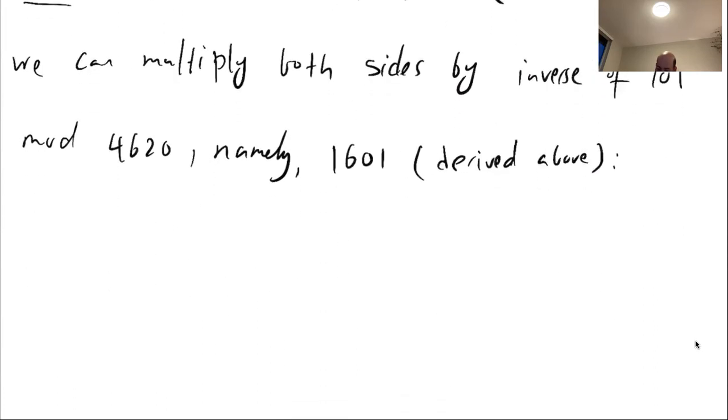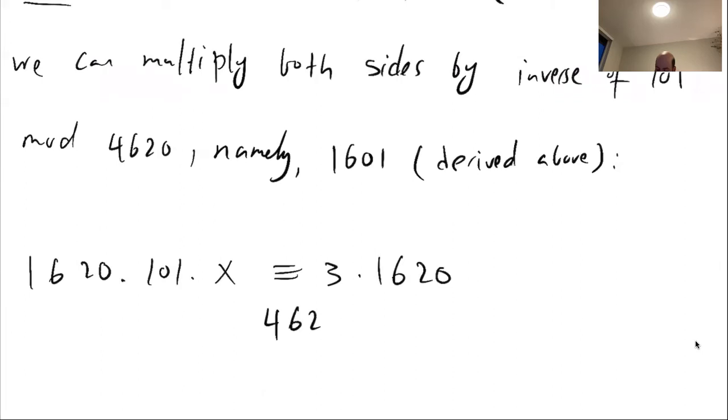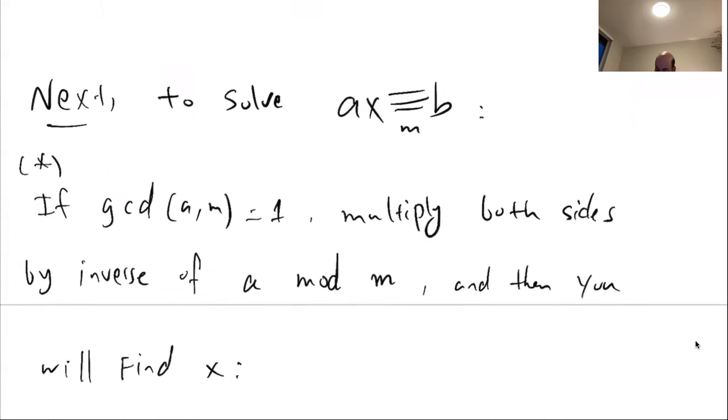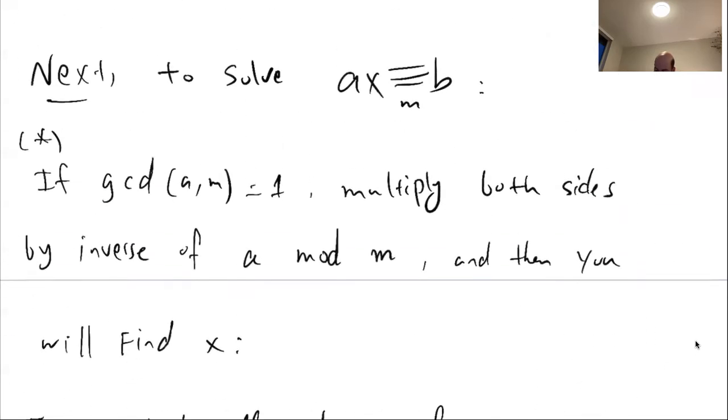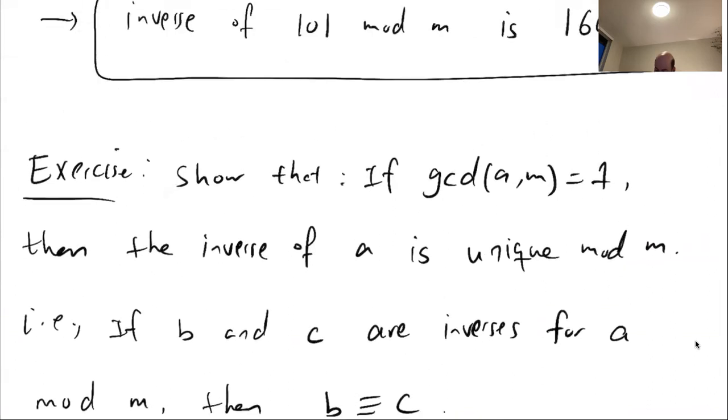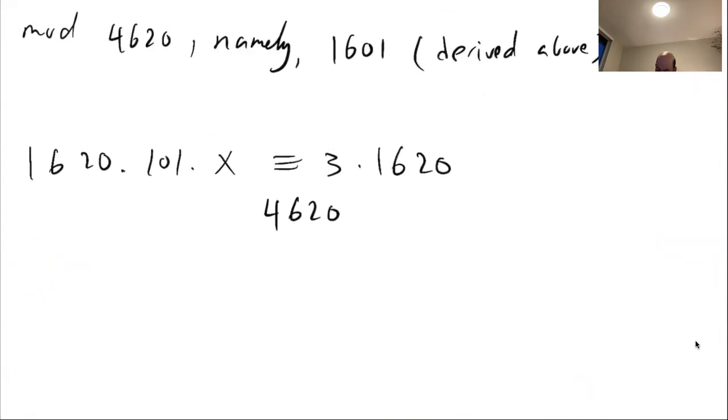So then you get 1601 times 101 times X, congruent 3 times 1601, and then mod 4620.